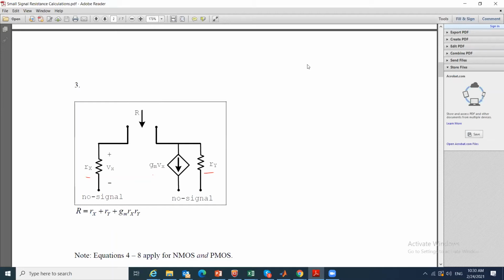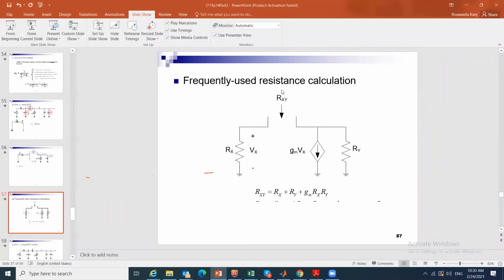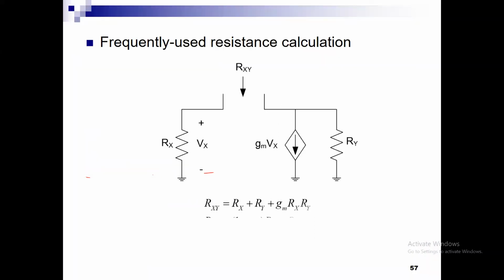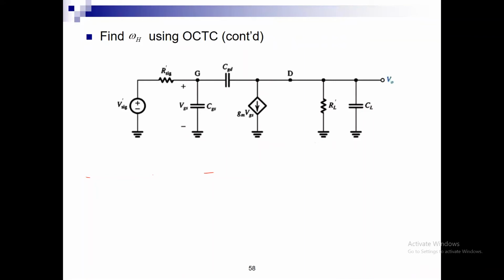Okay, great, thank you. So, now we know how to find the value of RGD. What is left is CL. So for CL, we need to find RCL. We're going to open this. We're going to open this.